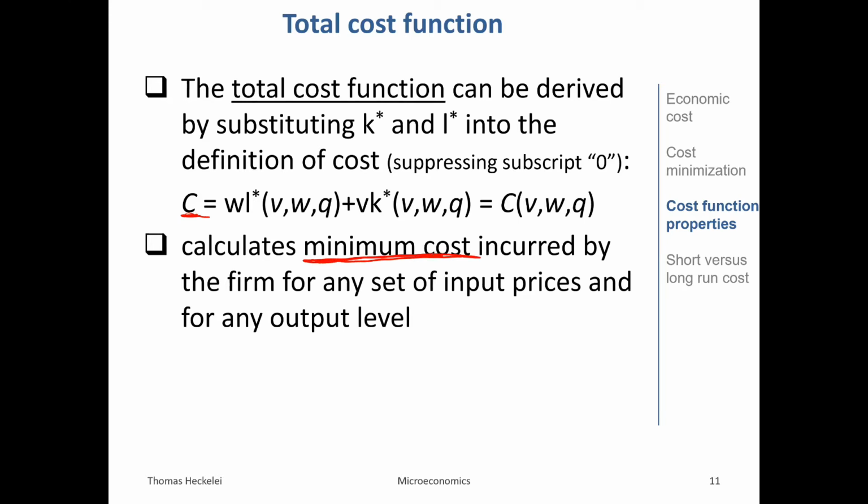So any cost calculated out of this function, given the input prices and certain quantities, is already the minimum cost possible for this set of parameters. Keep that in mind. So it's not any cost but minimum cost.